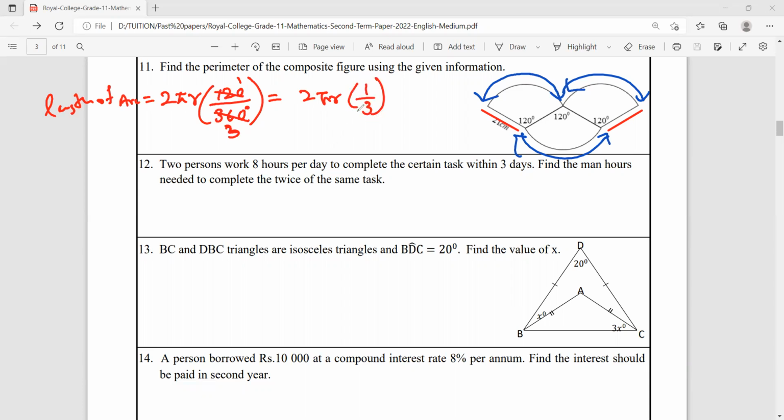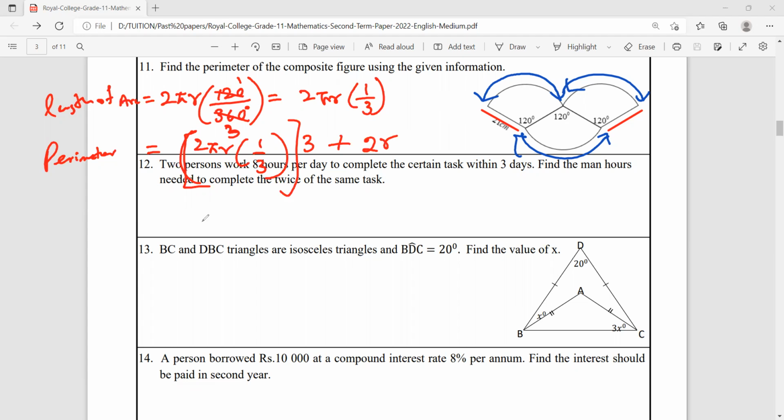So you have 3 of them, and you can add the perimeter is equal to 2 pi r into 1/3, and you have to multiply this by 3 because there are 3 of them, plus 2r.